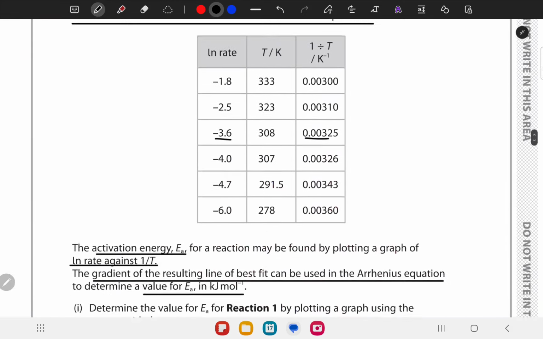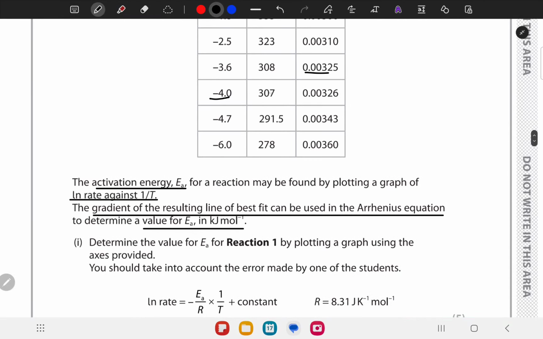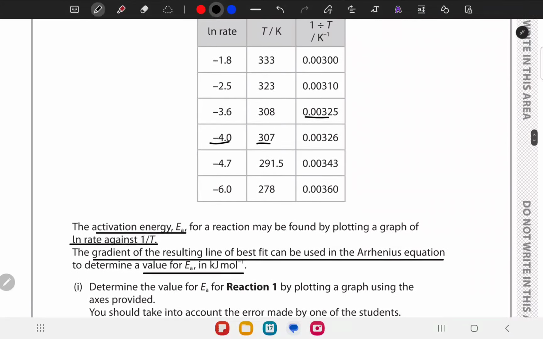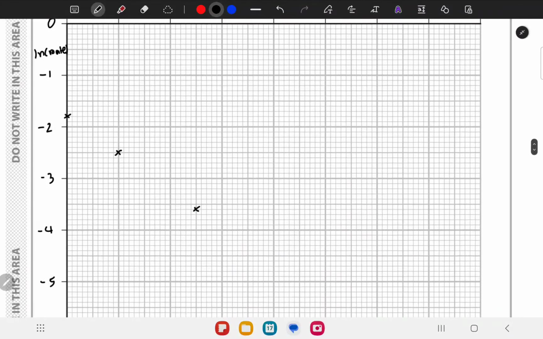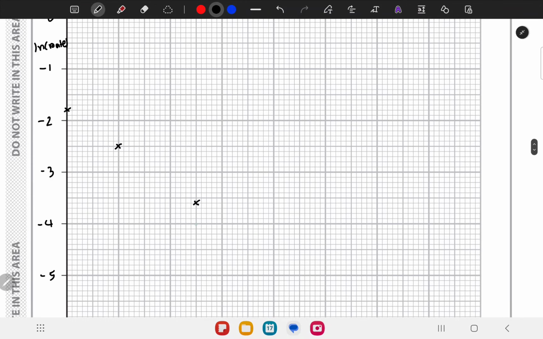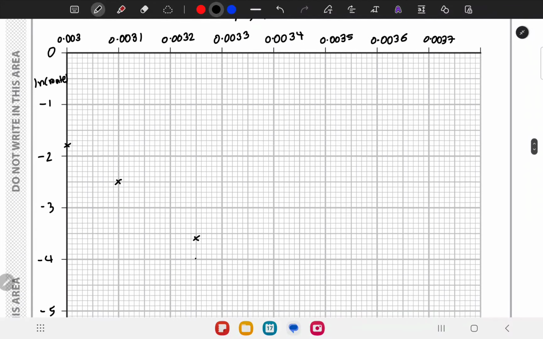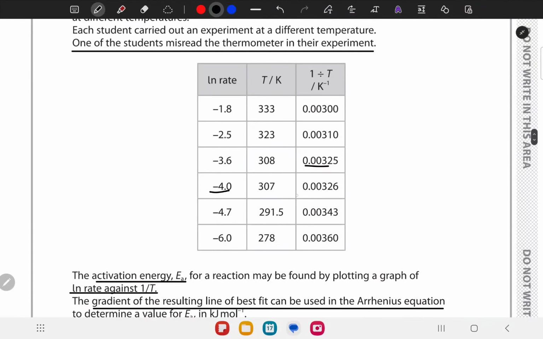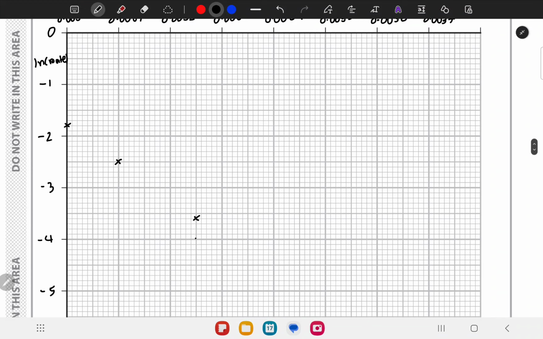The next set of values is minus 4 and 0.00307. So minus 4 over here, and minus 4 and 0.00326. So minus 4 and 326 over here.